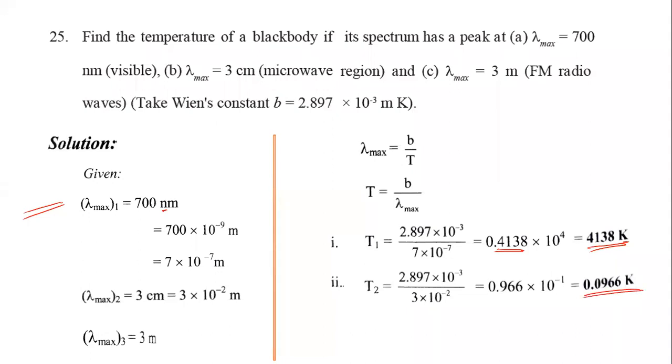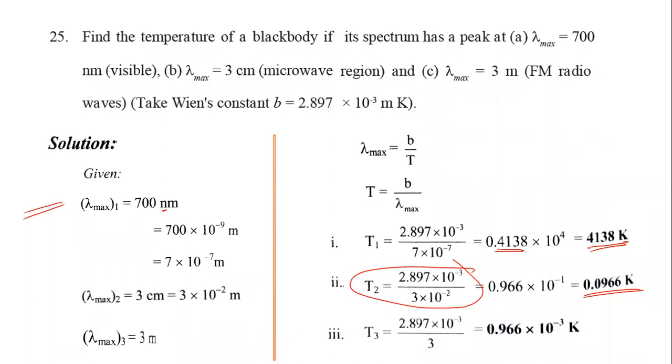Now the third one also we can do. 2.897 into 10 raised to minus 3 divided by 3 is the third calculation. The third is very easy, similar to this, so I am not giving any time.